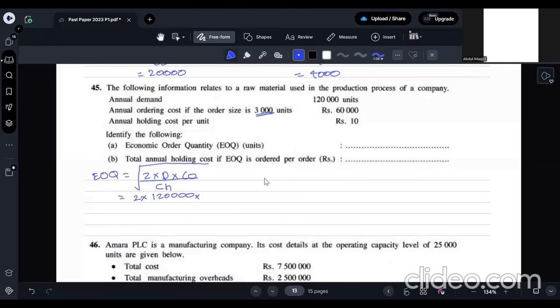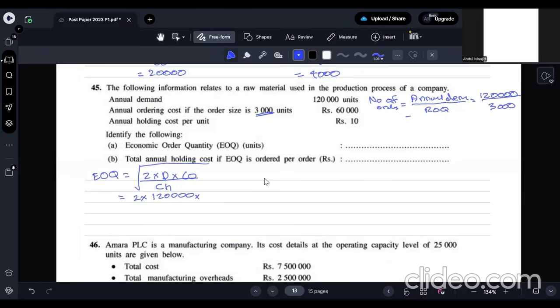So that means first of all, how much is the number of orders? Number of orders equals annual demand divided by ROQ. Annual demand is 120,000 divided by ROQ, meaning how many units you are ordering at a time. Here order size is 3,000 units. At a time you are ordering 3,000 units.